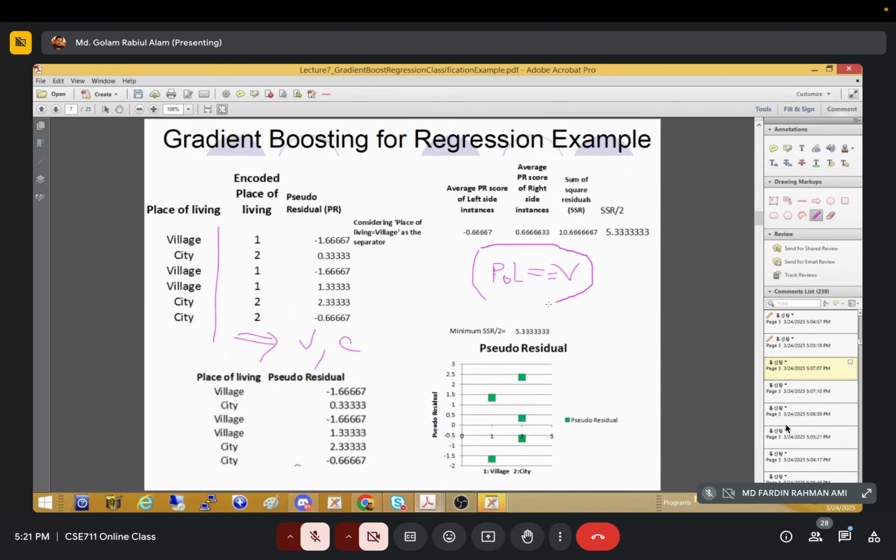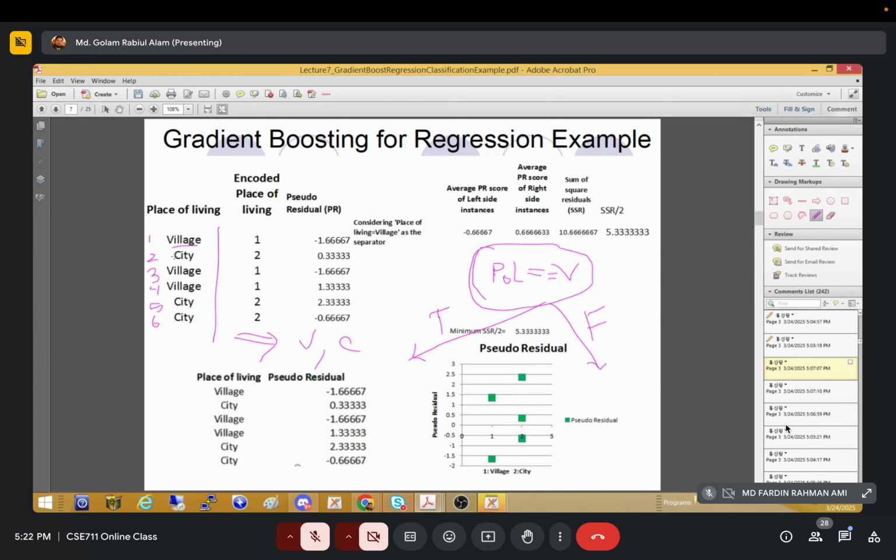If this is our splitter, then it will split our data set into two parts, true and false. On the true side and false side, these are our observations 1, 2, 3, 4, 5, 6.